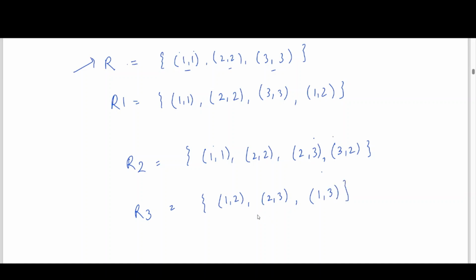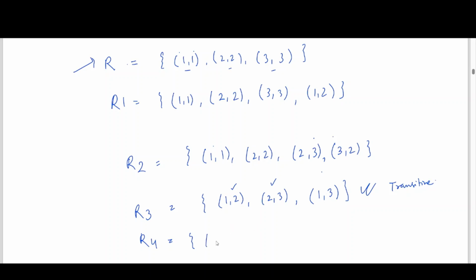Then that is called a transitive relation. If it is not present, we check for every pair: for 1 2, 2 3, 1 3 should be present. Suppose we have another relation R4. This is transitive.